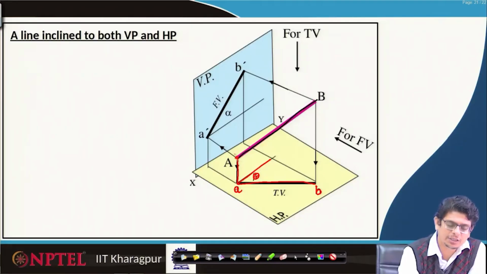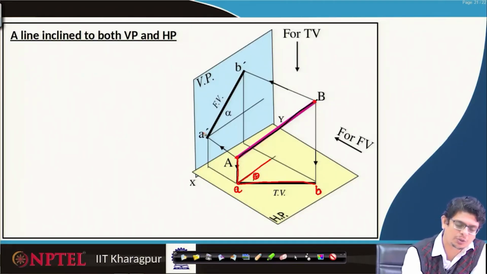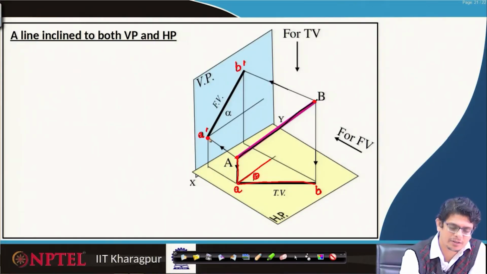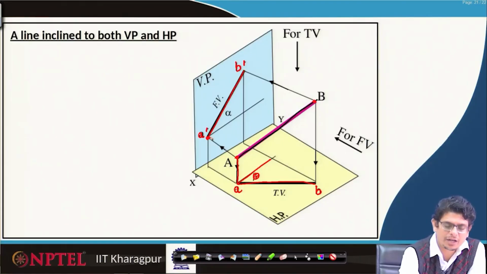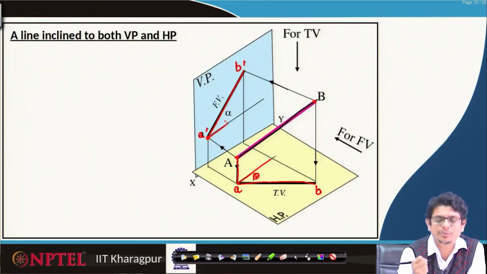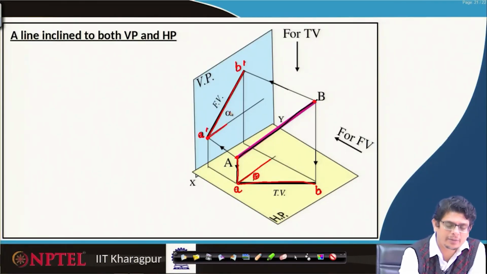Similarly, let us project A, B points onto the vertical plane. It makes A prime and B prime, so that the projection line is this. And when we are looking at that with respect to the horizontal plane, it makes an angle alpha or phi.